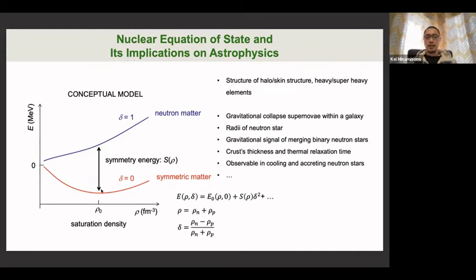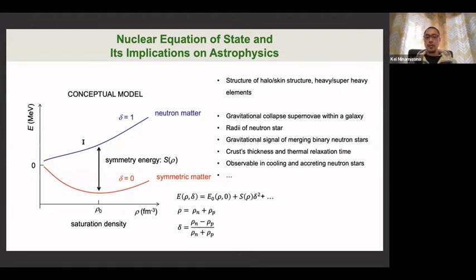Once you change the asymmetry of the system, eventually you get to pure neutron matter, the neutron equation of state, and obviously neutrons don't bind each other. The difference between these lines is usually called the symmetry energy, and that's the energy you gain due to the symmetry of the system.